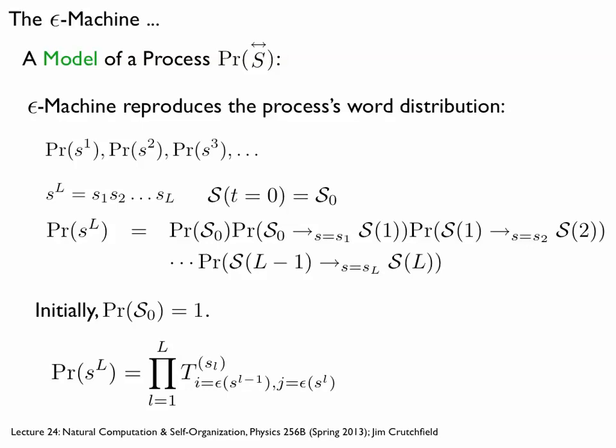Okay, so in what sense is an epsilon machine a model of a process? Well, we can think of it as: we started with a process, we calculate the causal states and transition structure, and we now have this particular kind of hidden Markov model. So one question would be, what does it describe about the process?